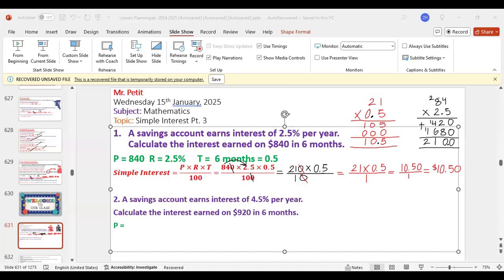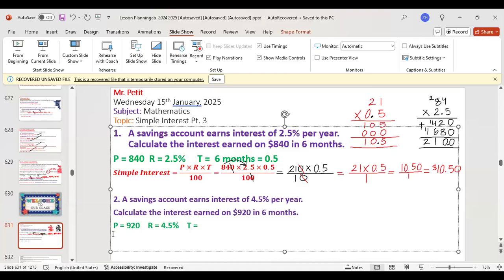So we have the principal, which is what? 920. Very good. The rate, which is what? 4.5. 4.5%. And then the time is going to be what? 0.5. This is very important. Time in years.